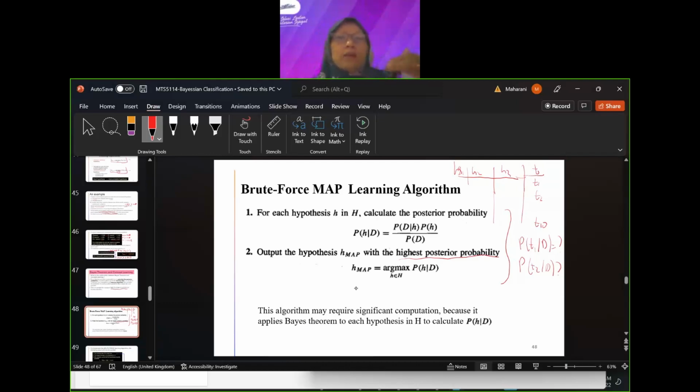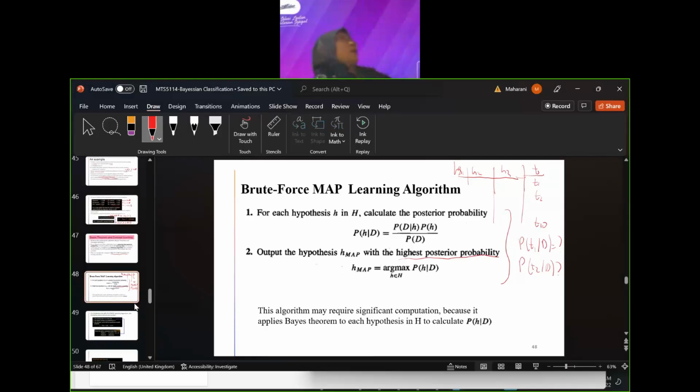As I said, if the data is only 10 data, like in this example, you can just do it manually, but you have to compute all of them. If the data is more than that, I don't think you can do it manually, so you need programming for that. So this is the MAP algorithm.